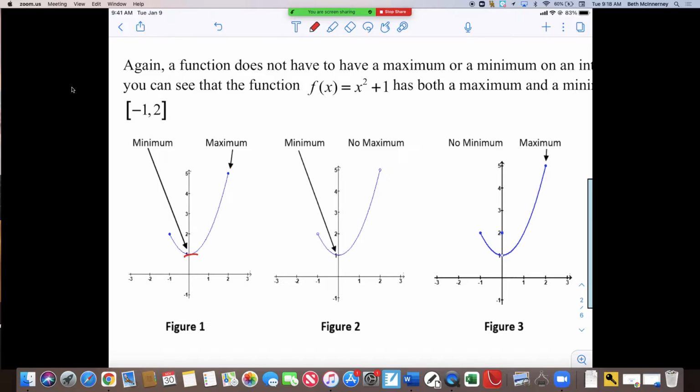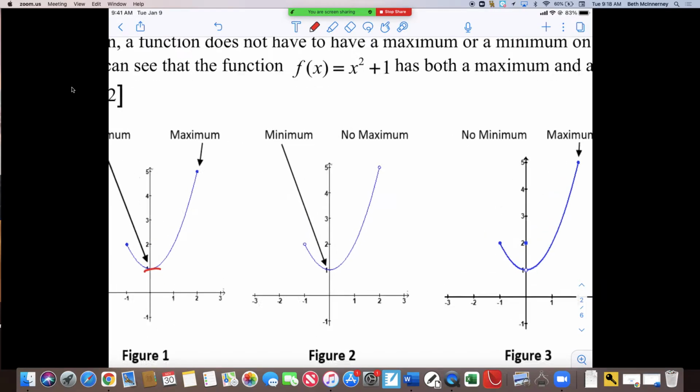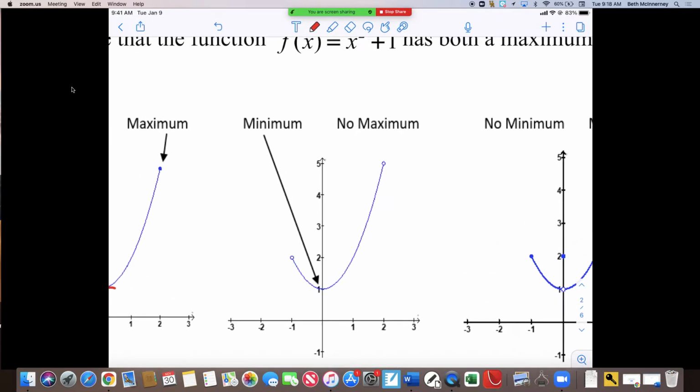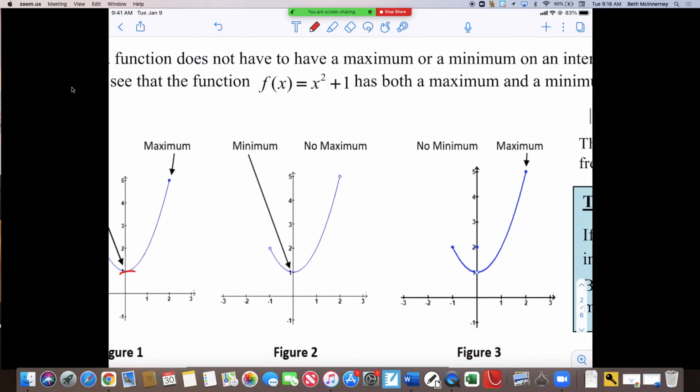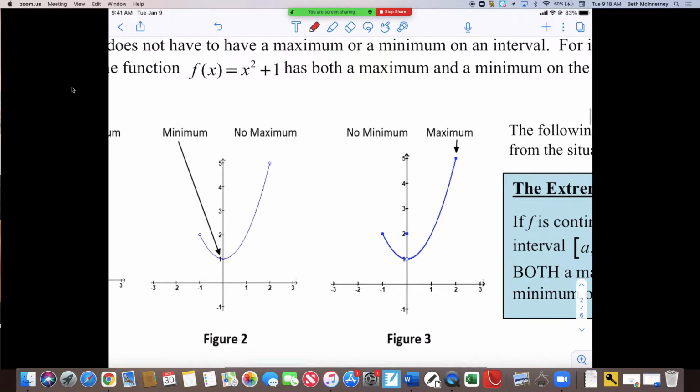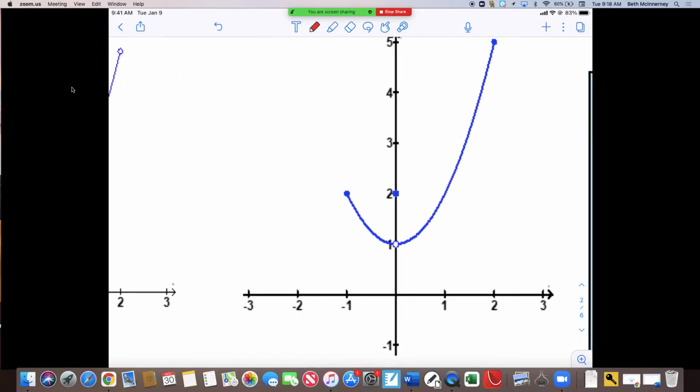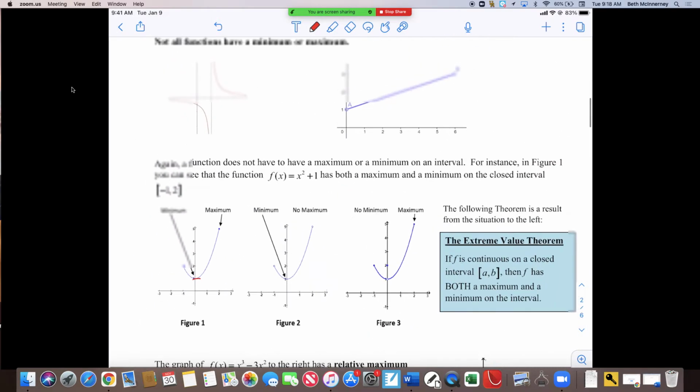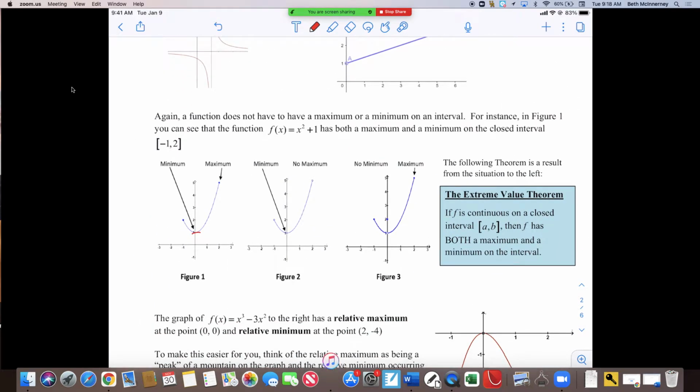I do have a minimum, but why don't I have a maximum there? Dylan? Yeah, because that endpoint here on the right is open, okay? And then look at the one in figure 3. This one has no minimum, but it has a maximum. Do you see the minimum? There's an open circle there. All right, so I wanted to show you a variety of possibilities here.